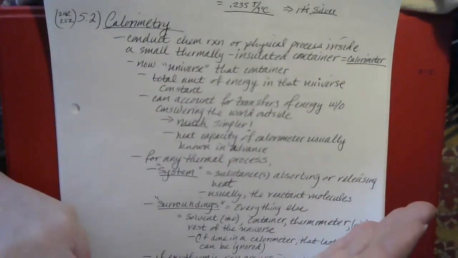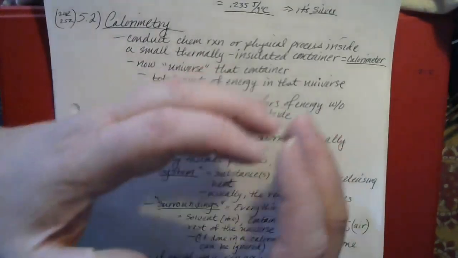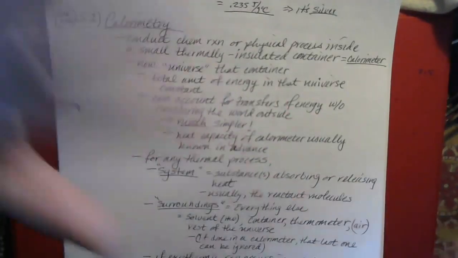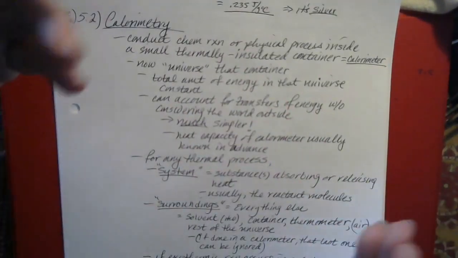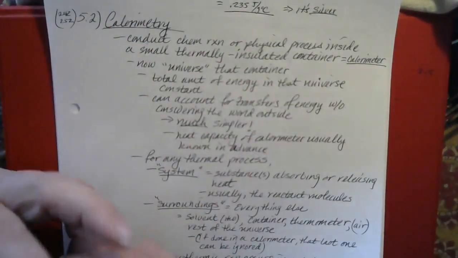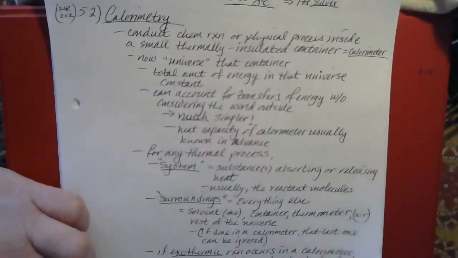Once we do that, that calorimeter becomes the universe, okay? Because it's isolated thermally from the rest of the universe. The word insulate comes from the Latin word insula, which means island. So basically, when you insulate something, you're cutting it off thermally from its surroundings, kind of like an island is cut off from other land.